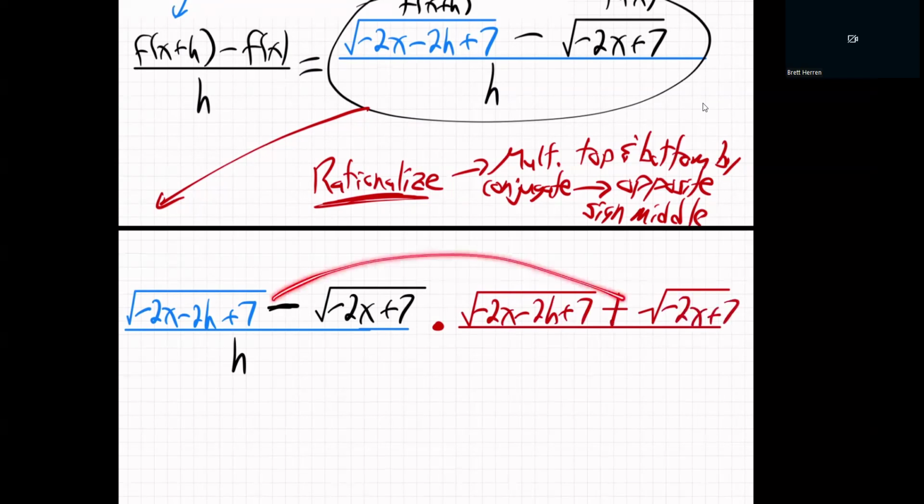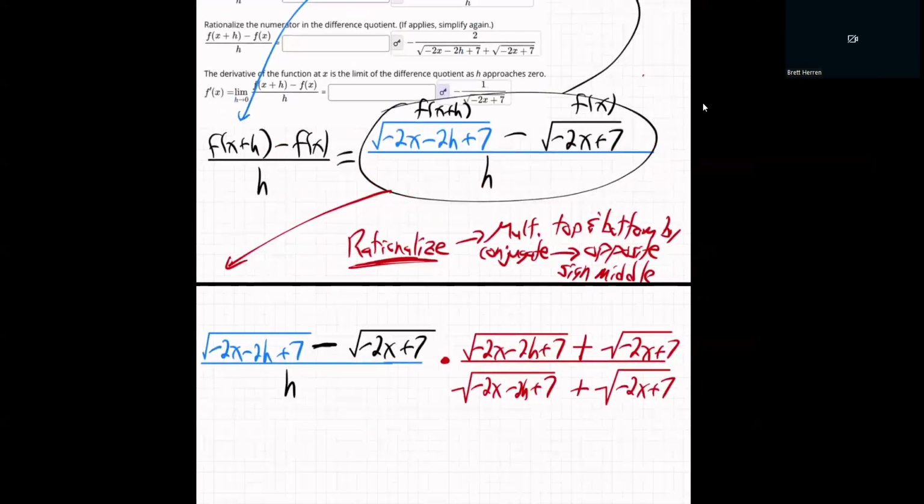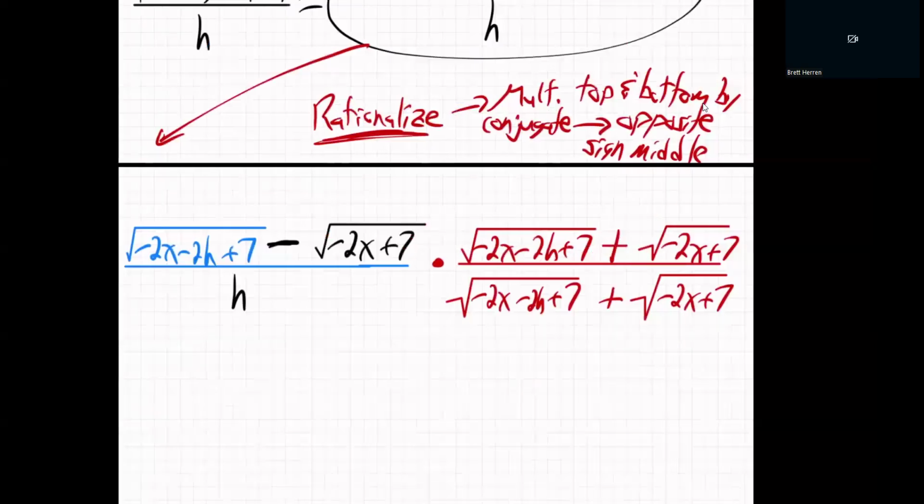See how it's the opposite sign, and then the same thing on the bottom, just identical. No changes. I've just got to be more careful. Okay, plus sign in the middle. Whew. That's the plan.